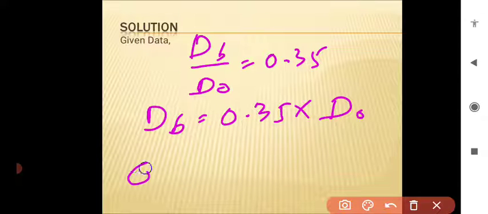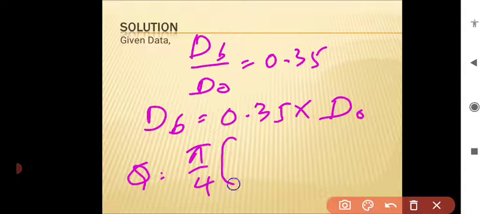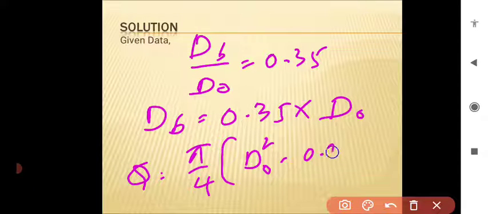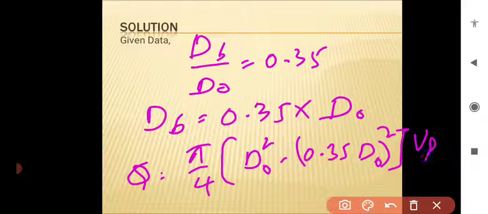So Q is equal to 5/4 into outer diameter square minus (0.35 into outer diameter) whole square into Vf1.